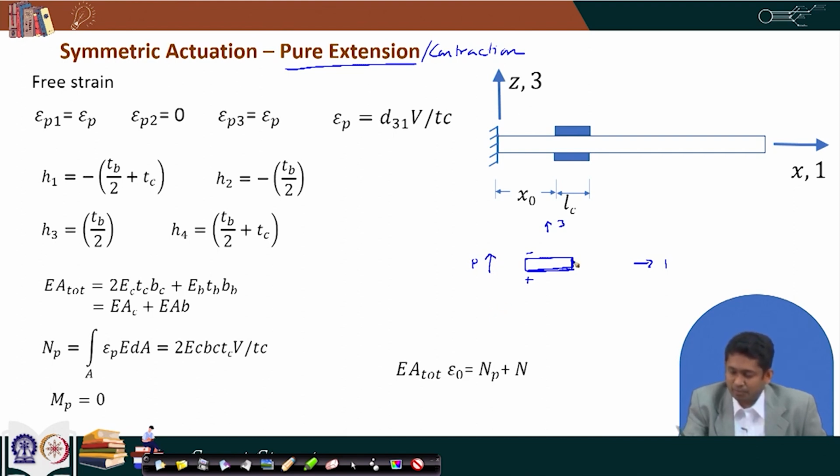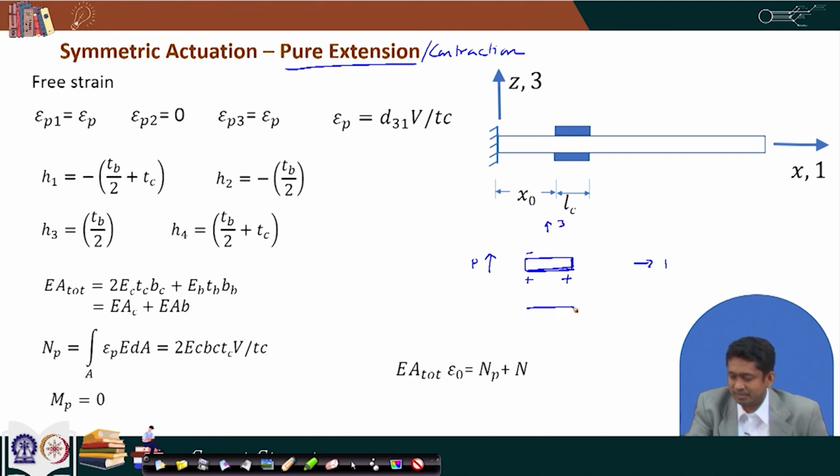Now, say while doing the actuation we are also giving the voltage in this fashion, we are keeping this side as positive, then we will term this as a positive voltage. So, positive voltage means the voltage that we are giving now is similar in nature as the poling voltage. Poling voltage means the voltage that was given to it while poling, which resulted in this kind of polarization.